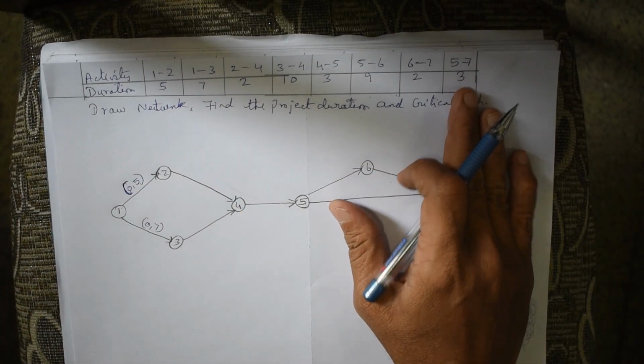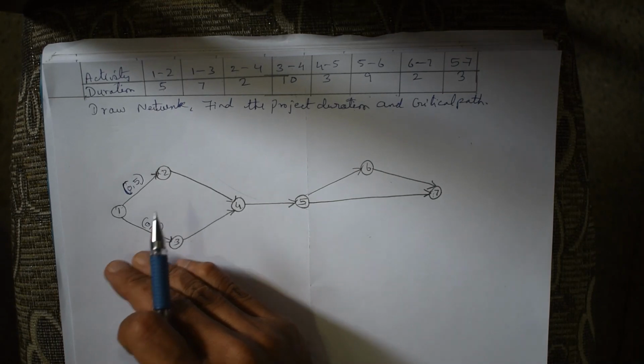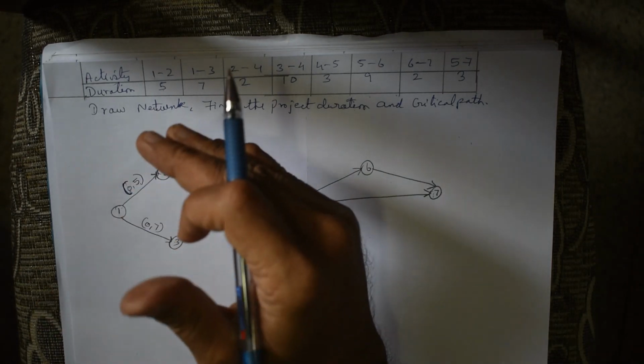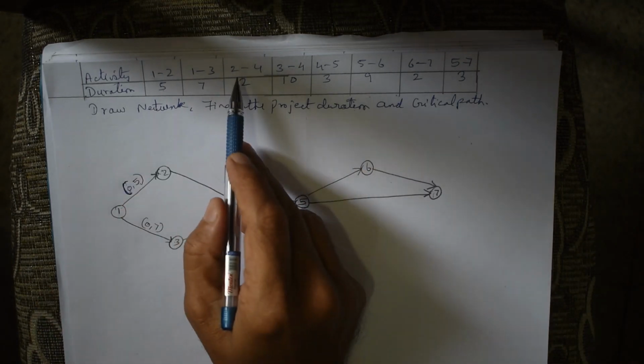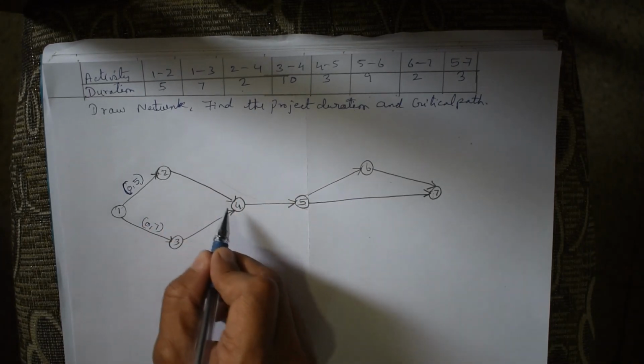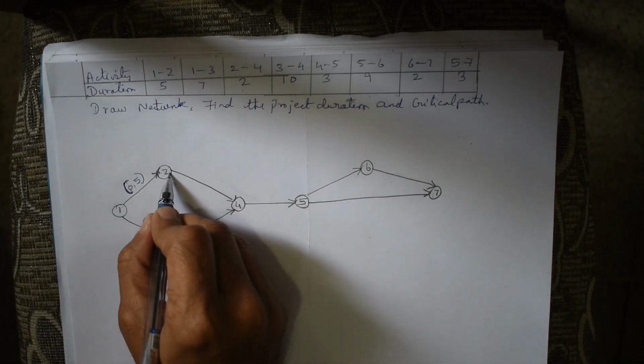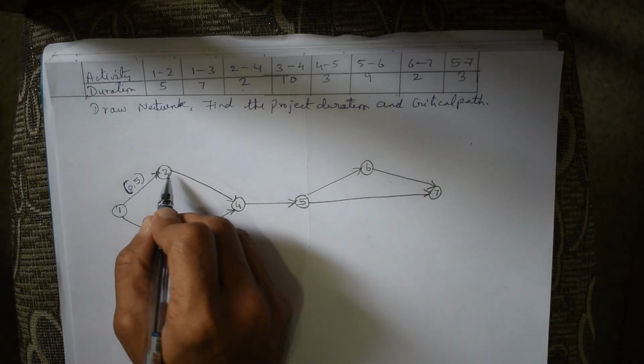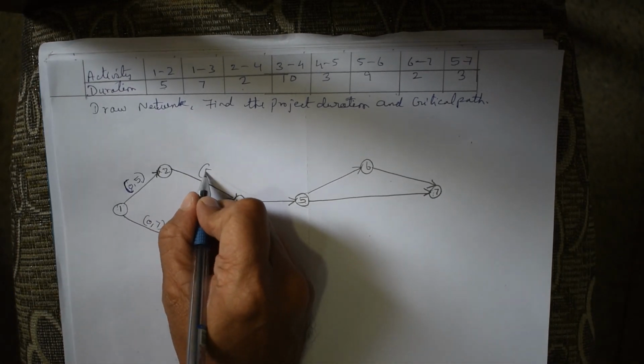We can always assume the timings which are given on top of the line is the EST and EFT. The next is 2 to 4, which is 2. Now activity 2 to 4 can commence only after 1 and 2 completes, which means 1 and 2 completes at 5.